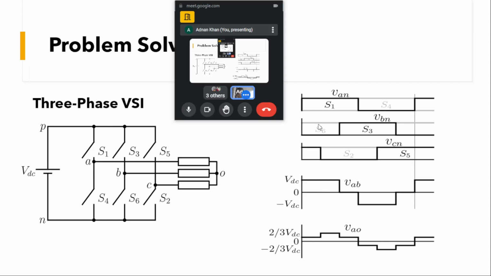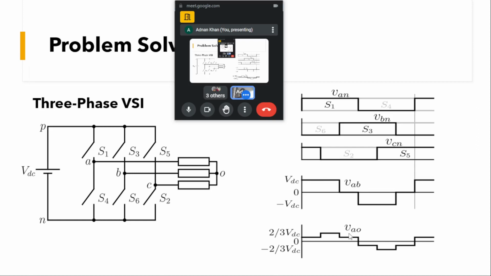When S1 and S6 are on, VAB was equal to VDC, and when S1 and S3 are on, then VAB was equal to 0. So the line voltage here was a quasi square wave.